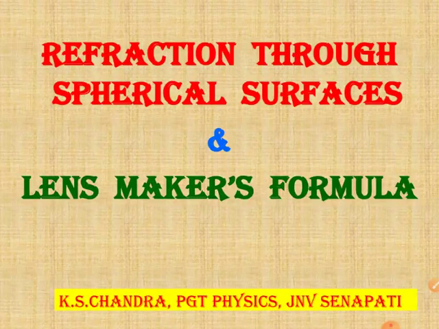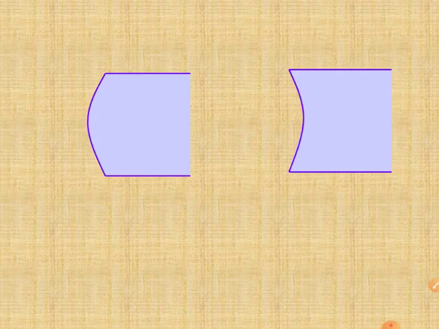So now let's see the different types of spherical surfaces, I mean those refracting spherical surfaces. The first one is the convex spherical surface, and another one is the concave refracting surface. How can they be named?